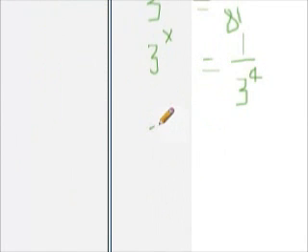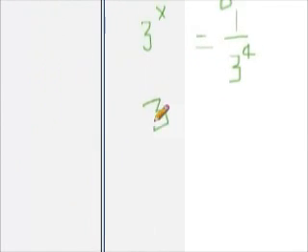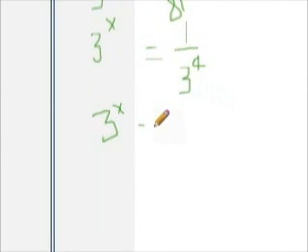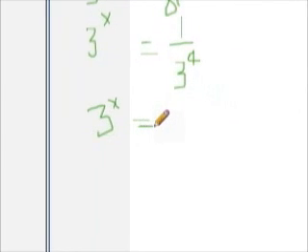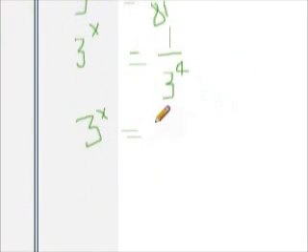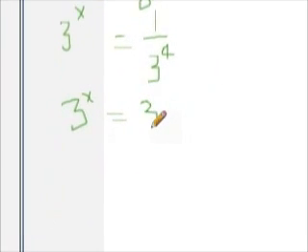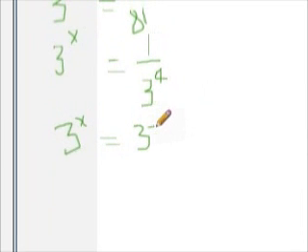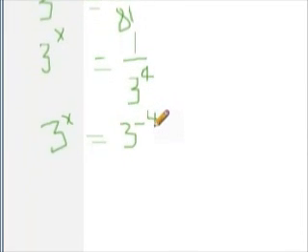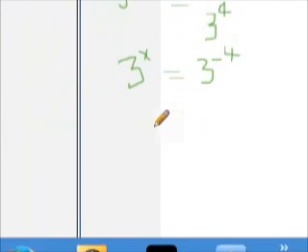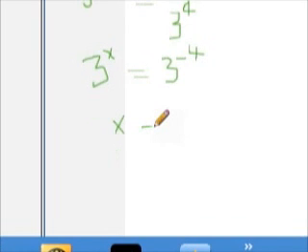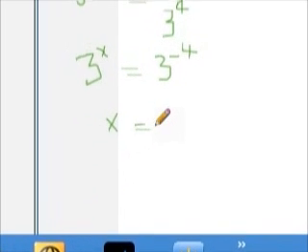So that's the same thing. We can write it another way. 3 to the power of x equals, if we have 1 over a to the power of n, this can be written as 3 to the power of minus 4. There we go. So we have our power x. By comparison, we can say x equals minus 4.